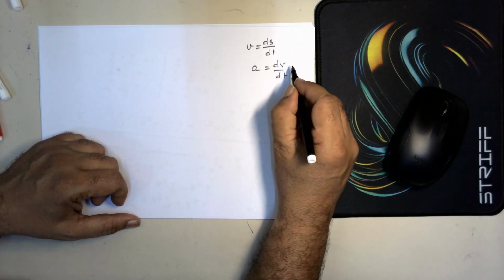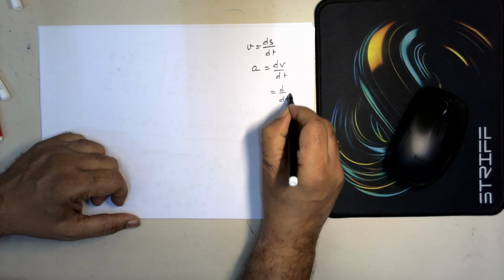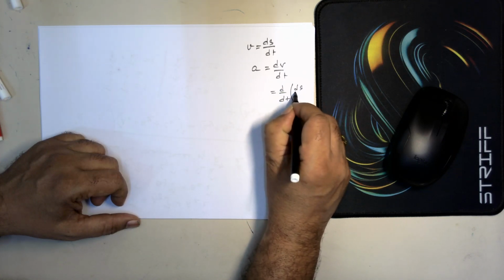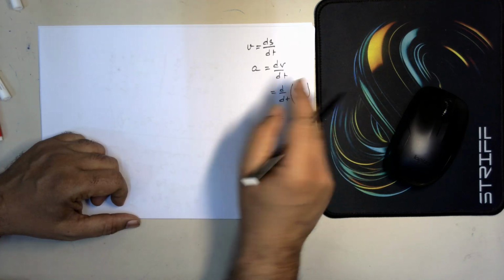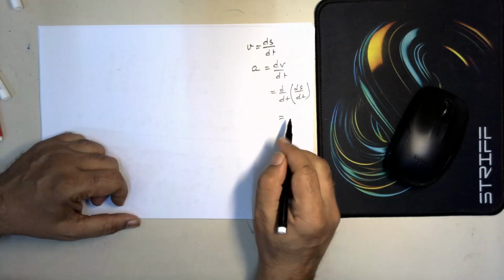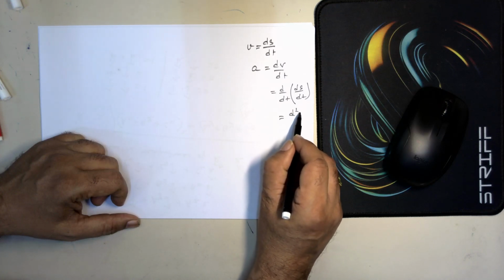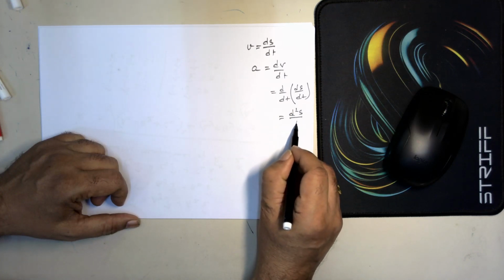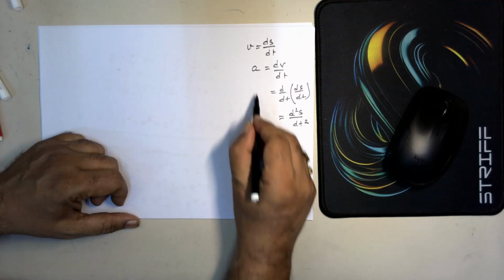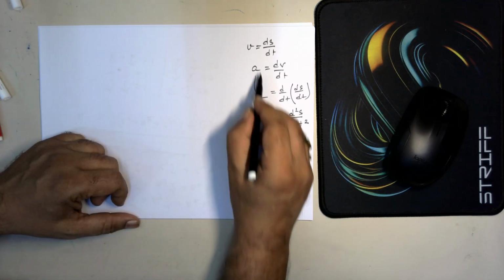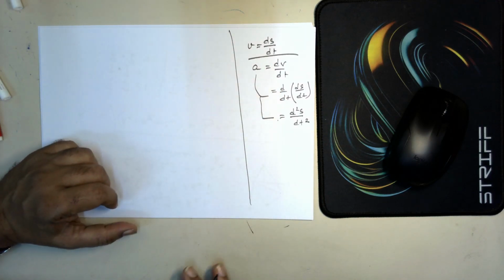In terms of second order differentiation, that is d by dt of ds by dt, which is the second order differentiation of the displacement, called d squared s divided by dt squared. So these are all acceleration and this is velocity. Now with this background, let us proceed.